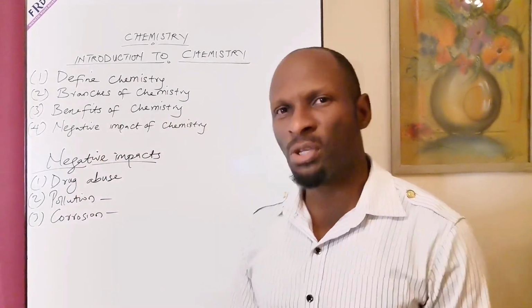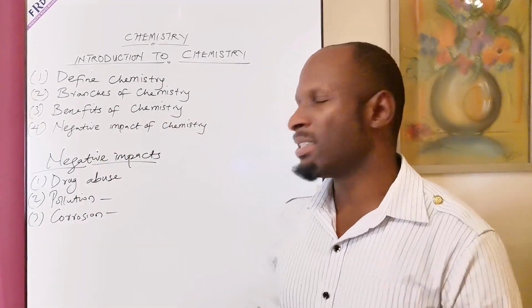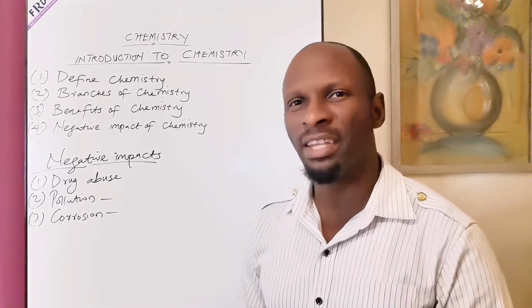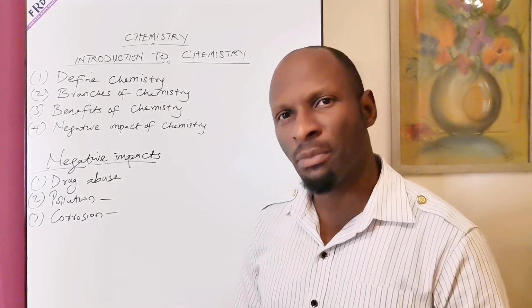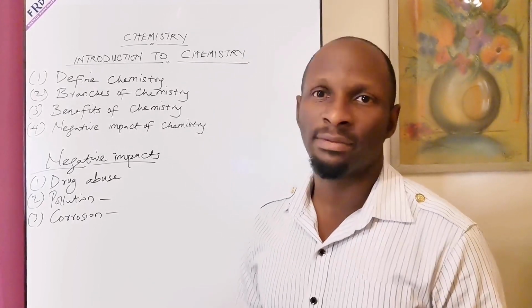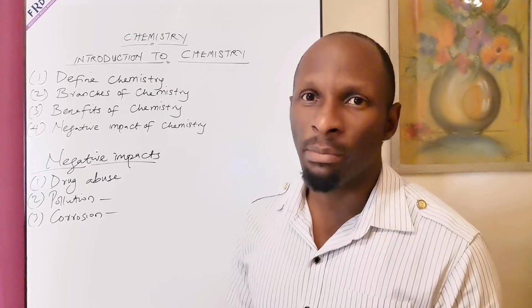We looked at the branches of chemistry, and we said that the branches of chemistry include analytical chemistry, organic chemistry, inorganic chemistry, physical chemistry, and as well as your biochemistry.